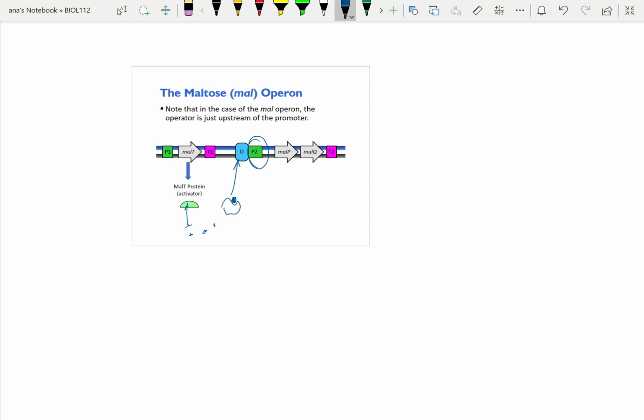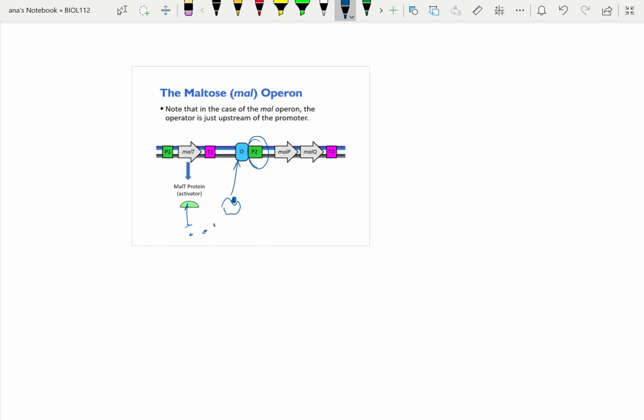In the presence of maltose, the activator is in the right form, and so we're going to be able to transcribe MAL-P and MAL-Q, which are needed for the breakdown of maltose.